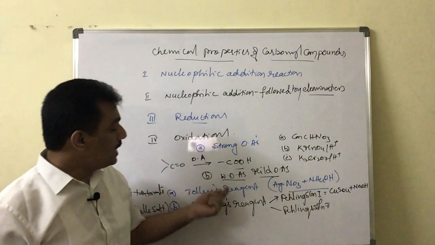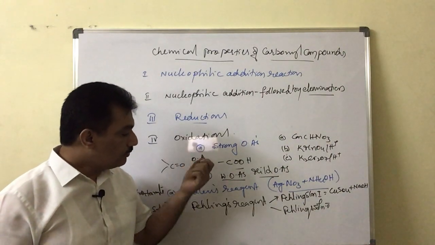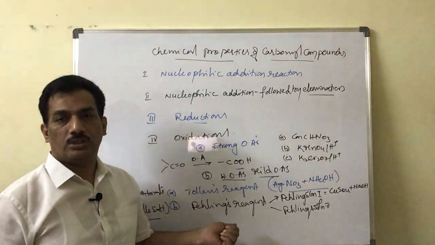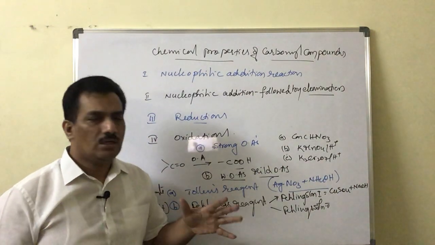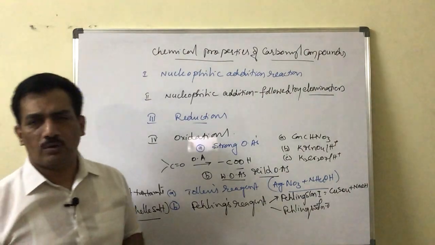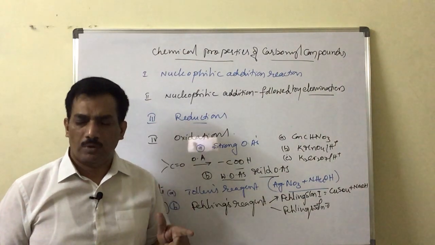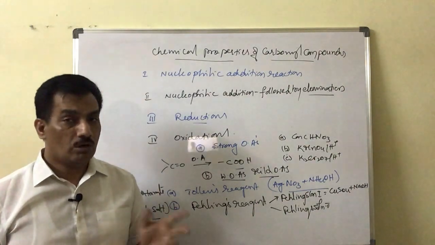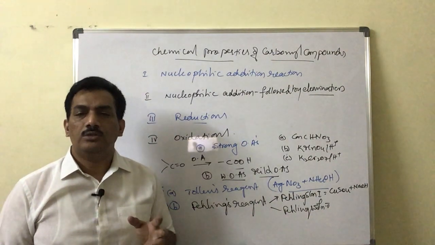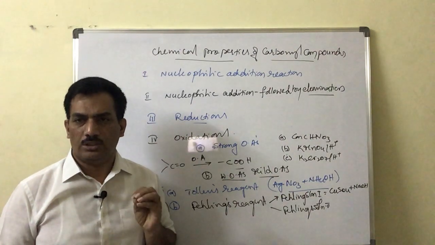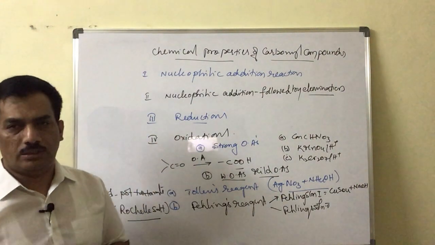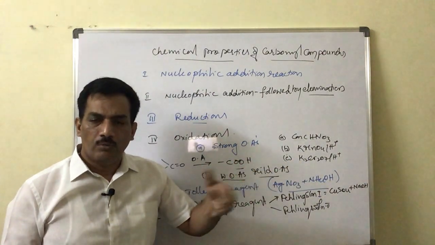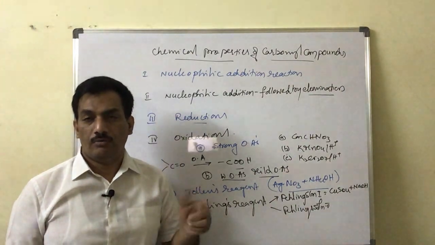So among mild or weak or moderate oxidizing agents, we have Tollens reagent and Fehling's solutions. We are going to discuss these in coming sessions also. Mild oxidizing agents can react only with aldehydes but not with ketones. Already we know ketones are very reluctant to go for oxidation. They are not interested to go for oxidation. So only with strong oxidizing agents can we imagine the oxidation of ketones along with aldehydes.